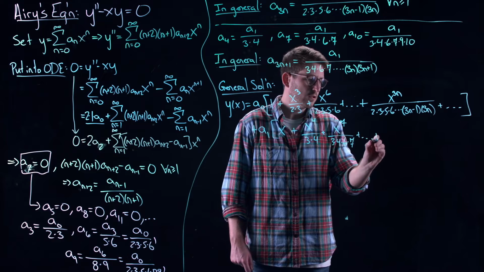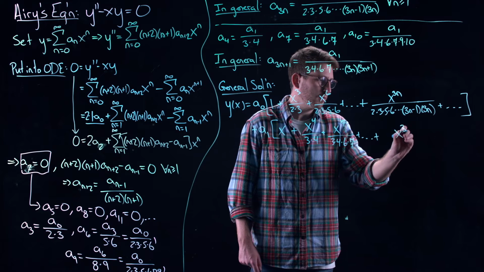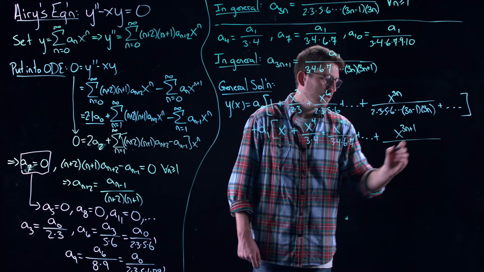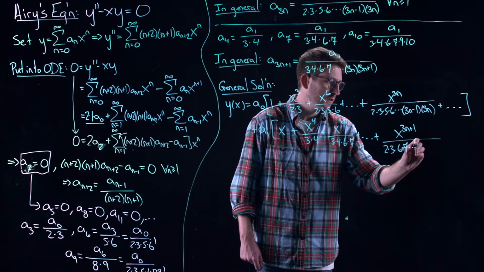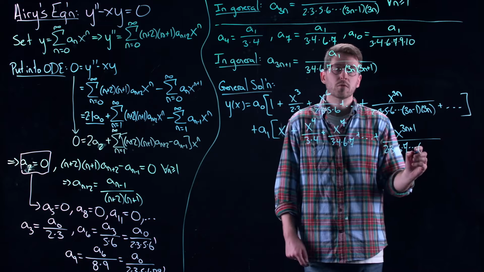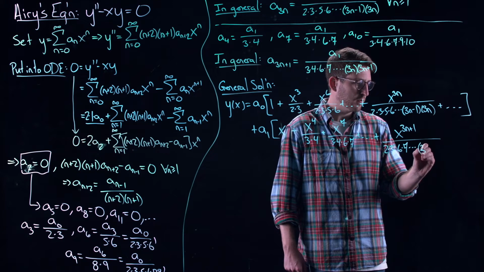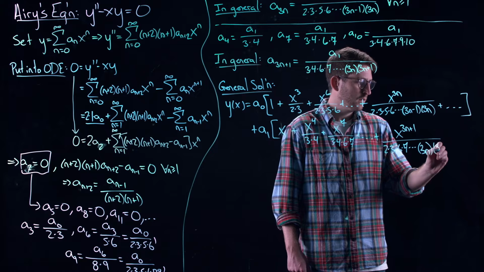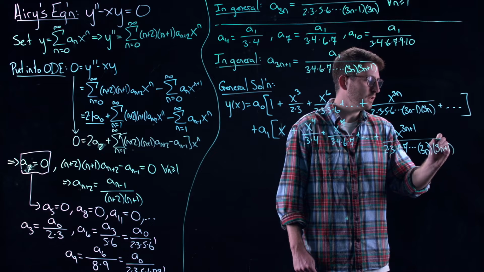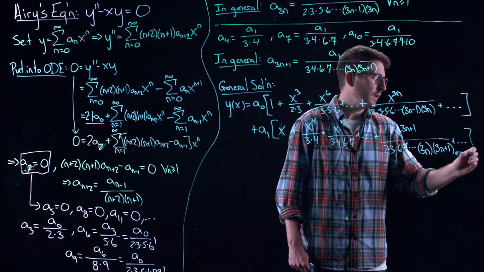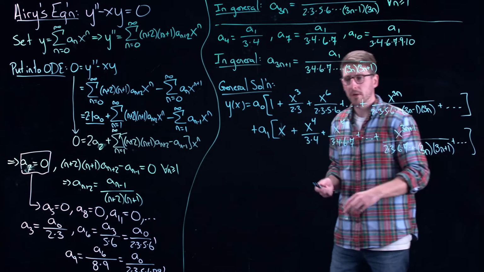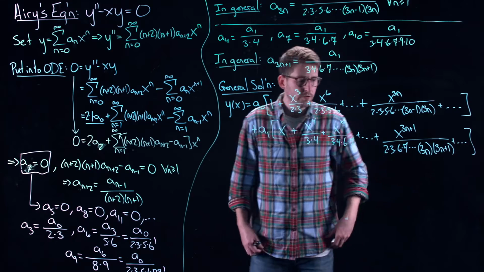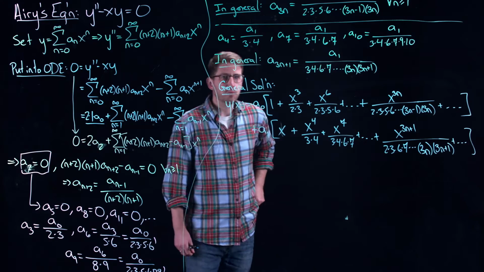And then let's do the general term, x to the 3n plus 1 divided by 2 times 3 times 6 times 7, and then 3n times 3n plus 1. Again, if I wanted to put this into a computer and plot these things, I could just go to a high enough truncation for my power series, generate all those terms using a computer, and boom, there it is.